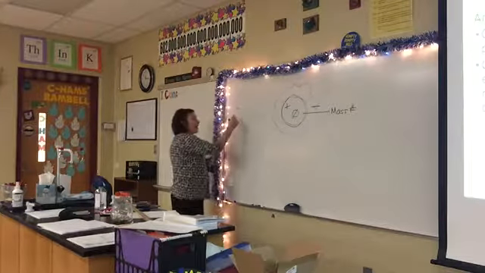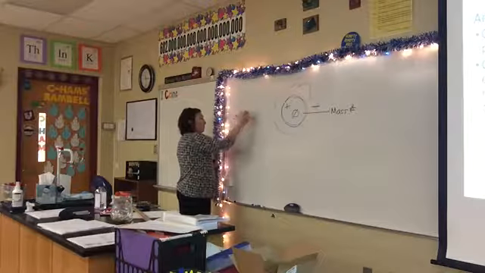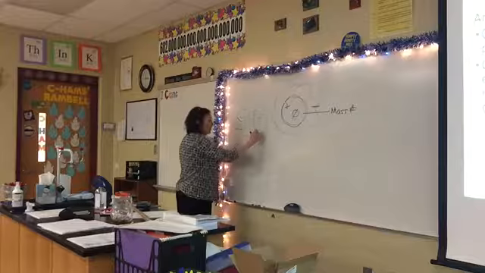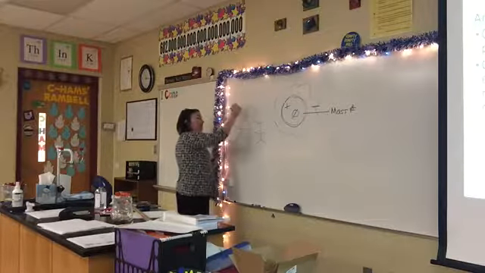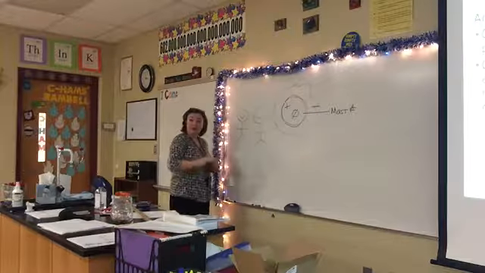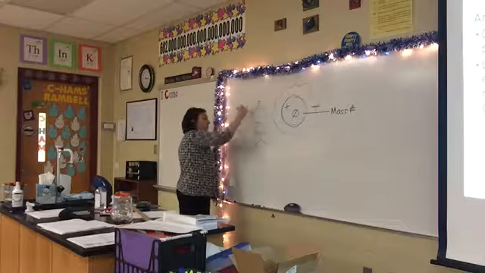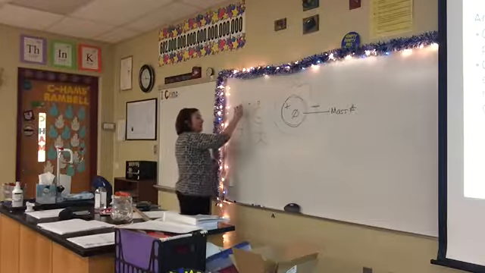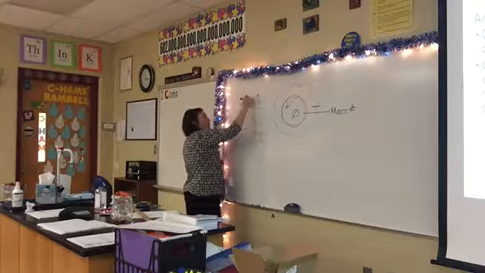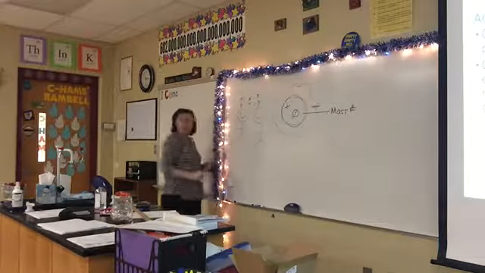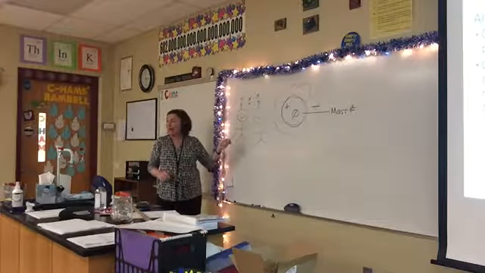So if I had identical twins standing here, and I know they both have the exact same DNA, they're identical. They have the same number of protons. Protons equal protons, right? But this guy is a little heavier. His neutrons do not equal the neutrons of his identical twin. They each have their own mass.